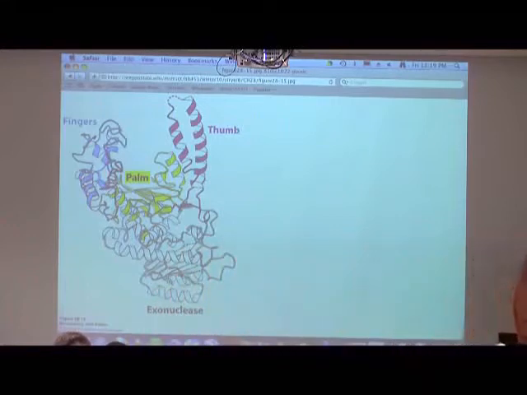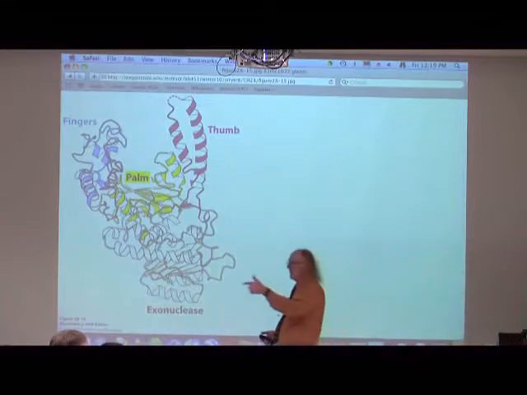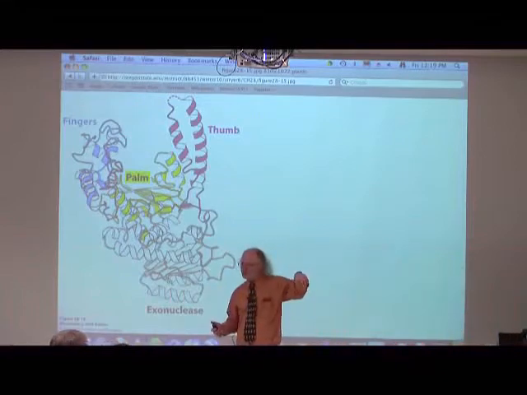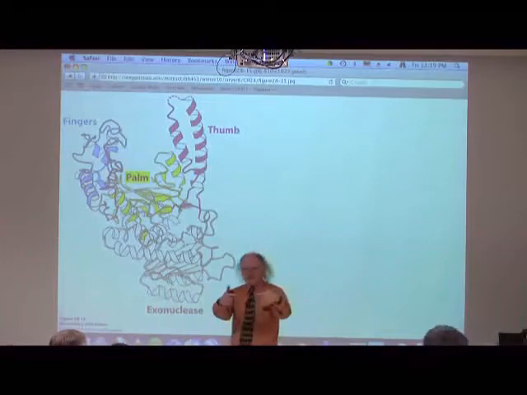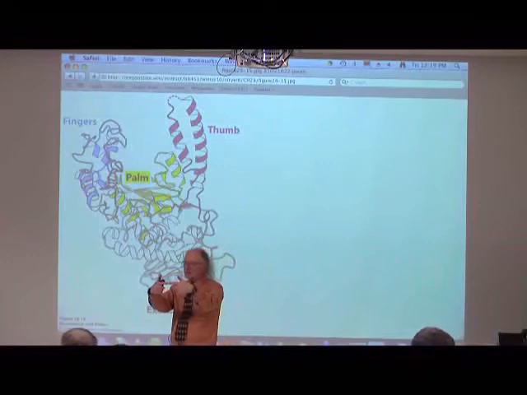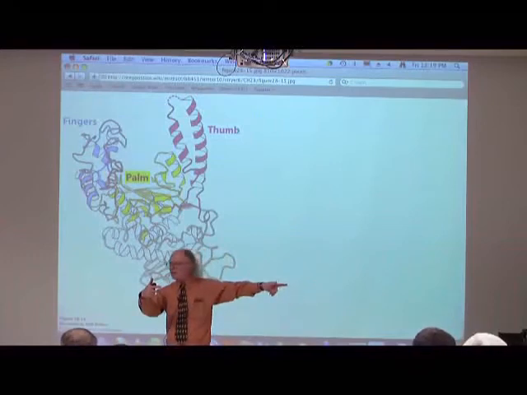And you say, oh, well, more proofreading, right? No, it's not. Because if you think about it, the polymerase doesn't really have connection with the 5' end once it's left it. It's connected to the 3' end because it's just made that 3' end, but the 5' end's way back over here.